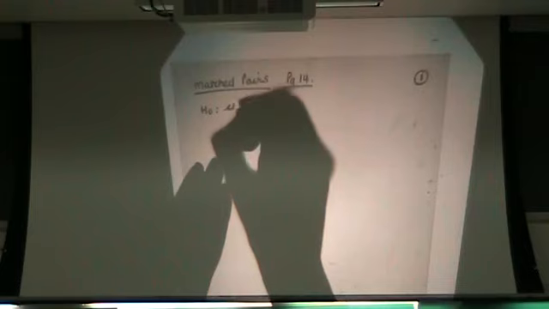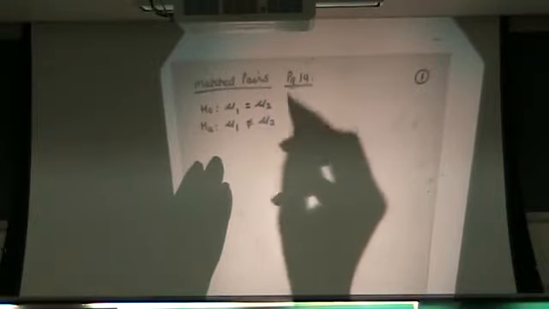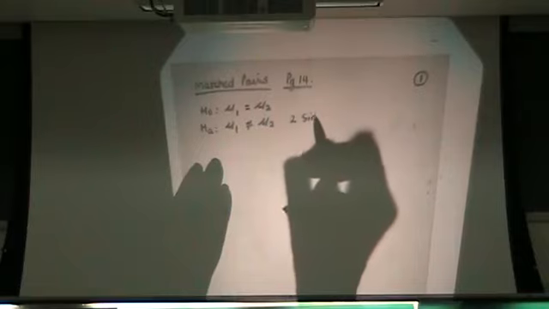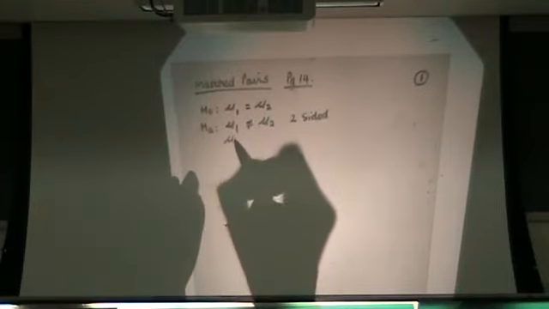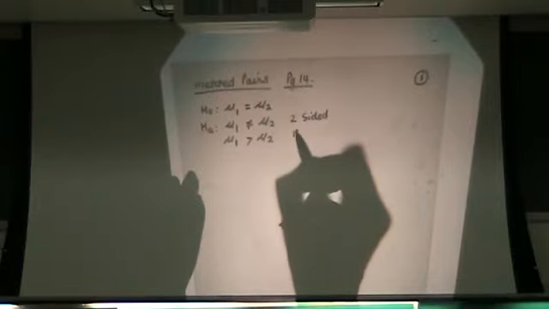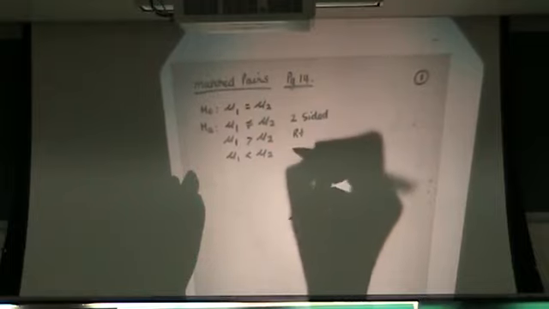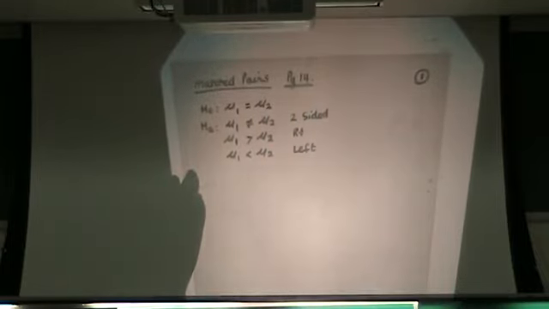H naught would be mu1 equals mu2, this is on the bottom of page 14, versus HA mu1 not equal to mu2, which would be 2-sided, or mu1 greater than mu2, which would be right-sided, or mu1 less than mu2, which would be left-sided.